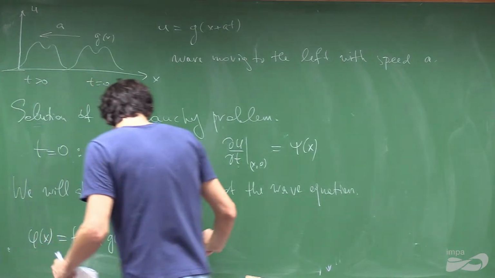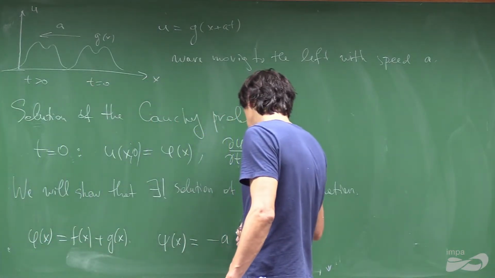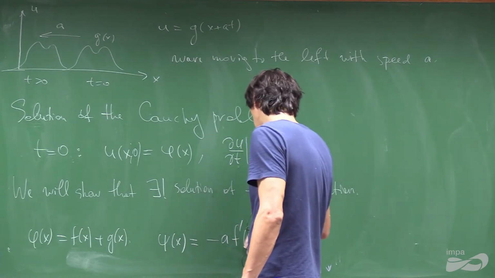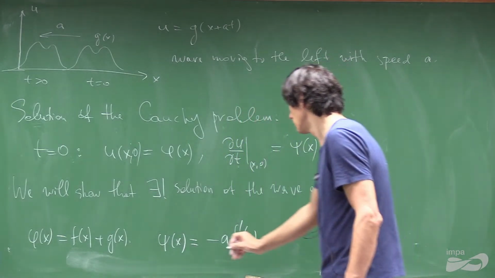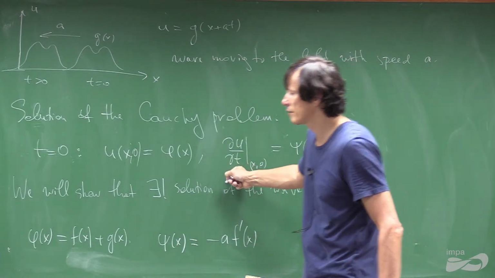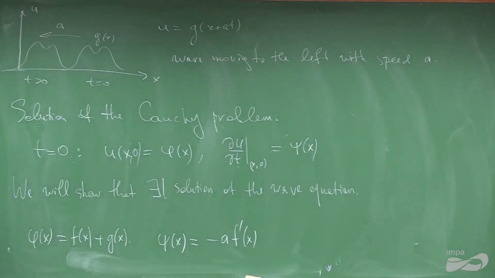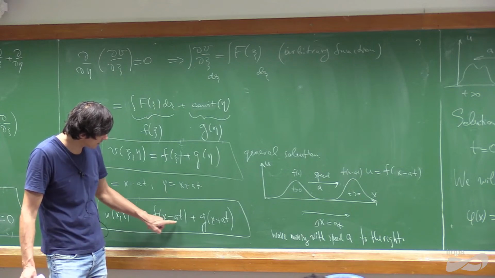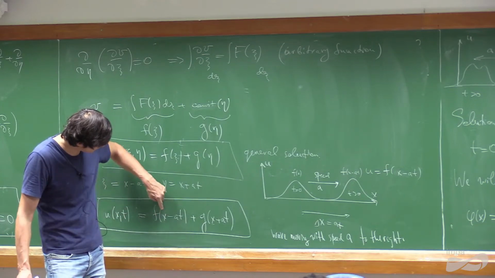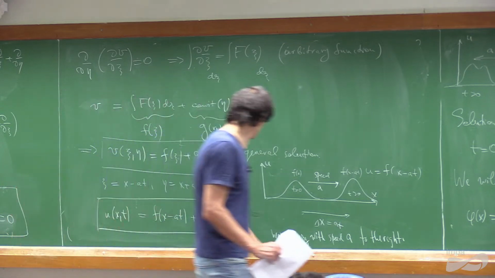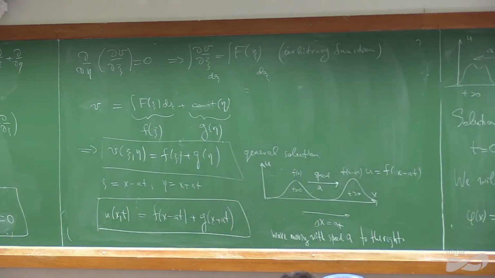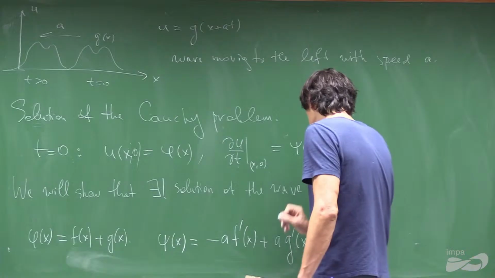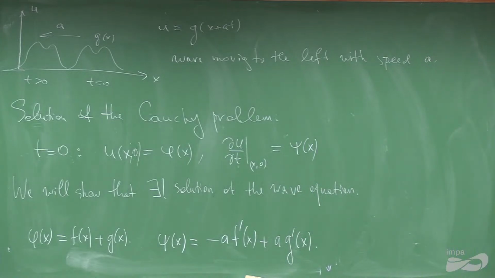So it will be minus a f prime of x, right? This is the time derivative taken at t equals 0. So the derivative of f we write as prime. Then the derivative with respect to time gives you minus a, taken at 0 time, so at x. The same with g, only the sign will be different. Prime is derivative. Okay, so we have these two conditions.